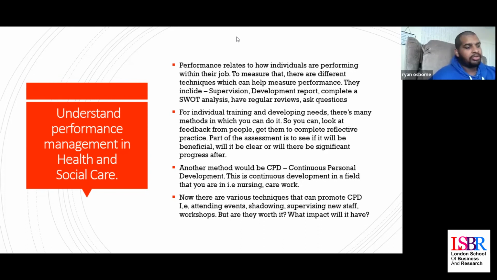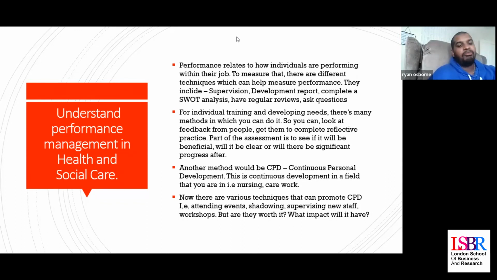Supervision is an easy one. Supervision is where you do your job and your supervisor is there to look at how you are doing your job. There are two types: formal supervision and informal supervision.